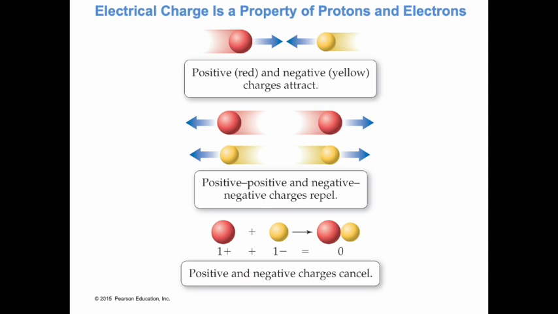Another thing that we have to understand about charges is what happens when they interact. You're probably familiar with this from playing with magnets. If you've ever played with a bar magnet when you were a kid, you know that a magnet has 2 ends that are different from each other. If you point opposite ends of 2 different magnets toward each other, they'll be sticky.